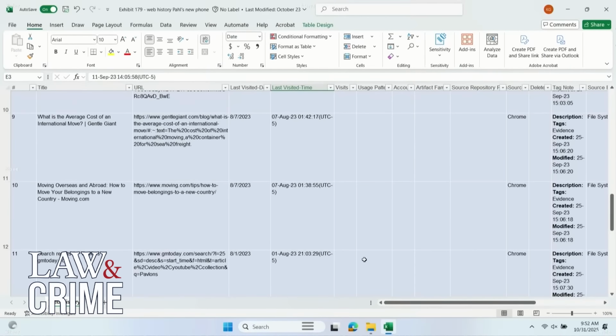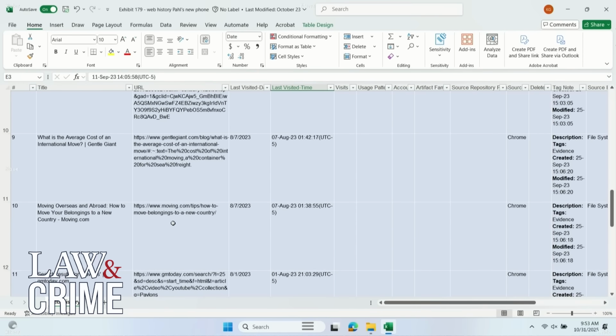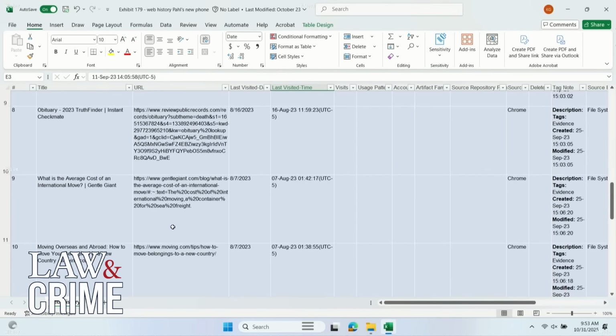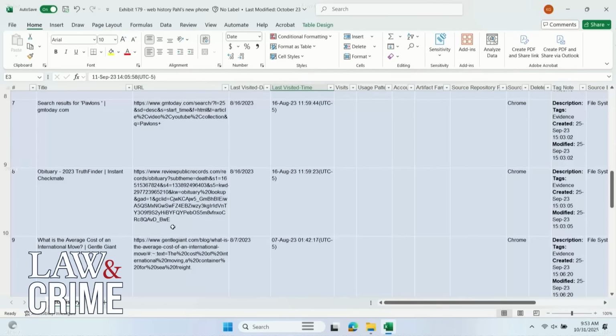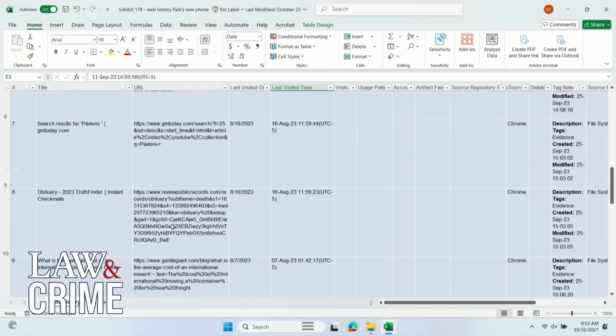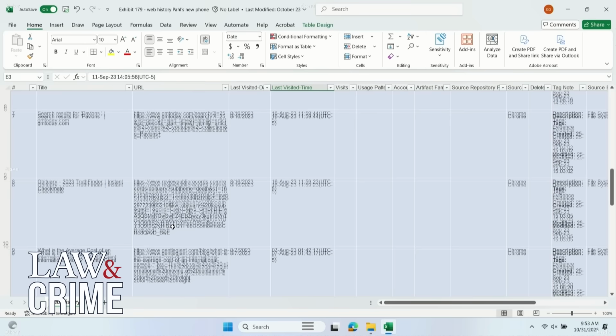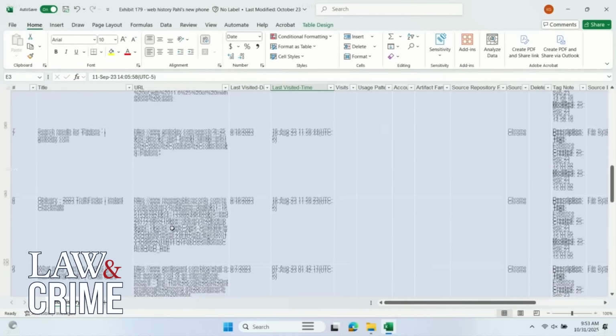That was in August of 2023. Okay. Searching about moving overseas in August of 2023? Yes. Okay. Obituary from August 16th of 2023 and a search for Pavlons? Correct. Okay.